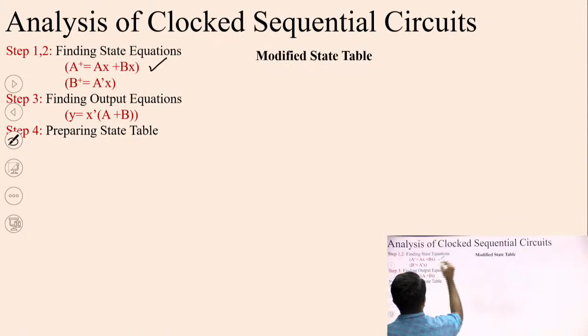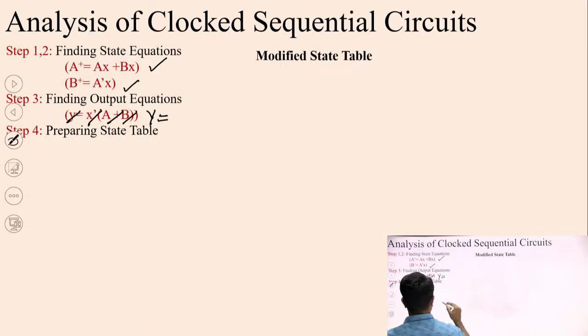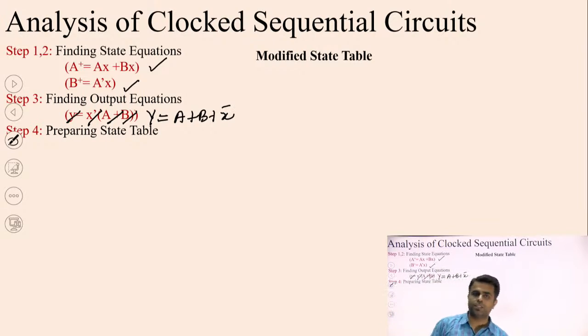So this is the first and second step: A plus is equal to AX plus BX, B plus is equal to A bar X, and finding the expression Y, we have used A plus B plus X bar. So these are the first 3 steps; the next steps we will cover in our next lecture.